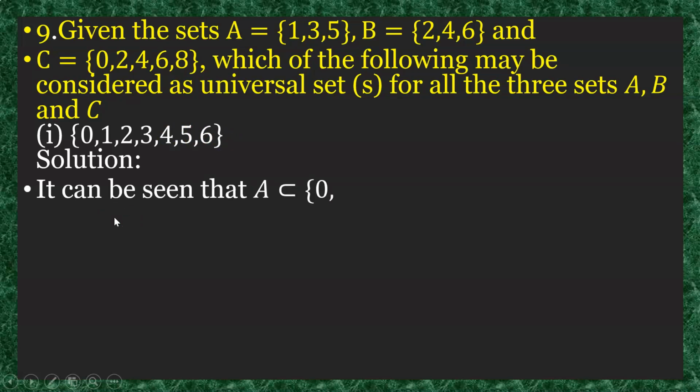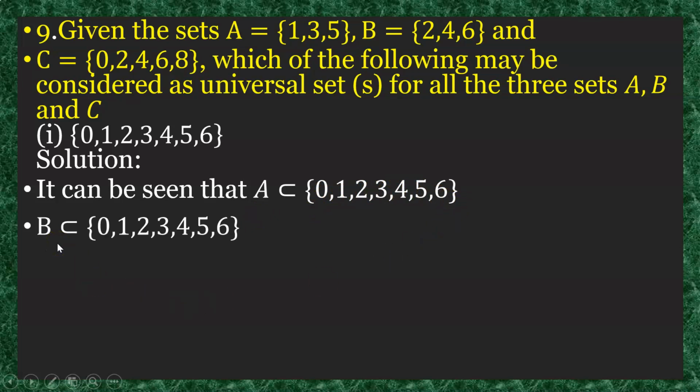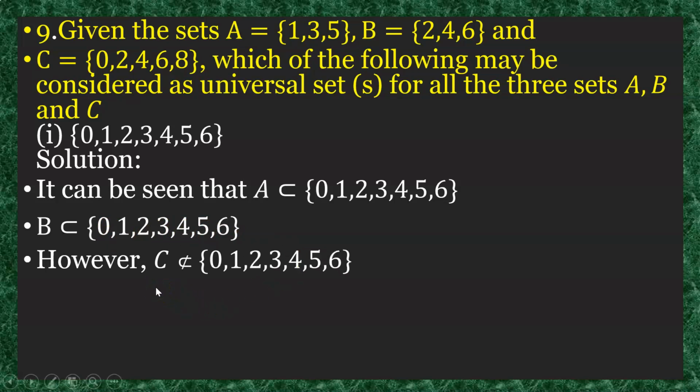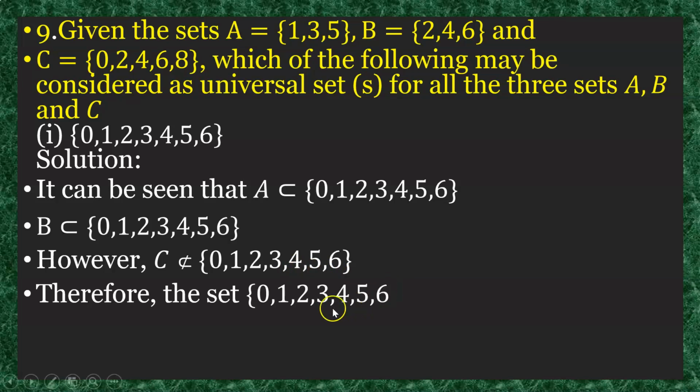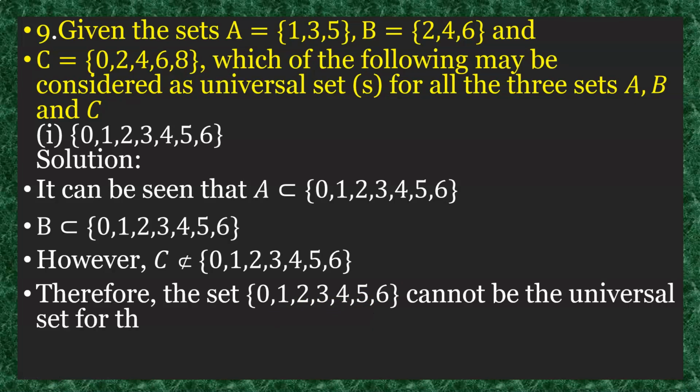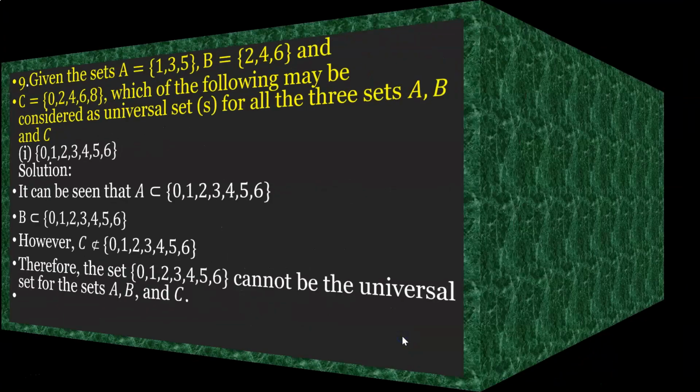It can be seen that A is a subset of this, B is a subset of again 0, 1, 2, 3, 4, 5, 6. However, C is not a subset of 0, 1, 2, 3, 4, 5, 6. Therefore, the set 0, 1, 2, 3, 4, 5, 6 cannot be the universal set for the sets A, B and C.